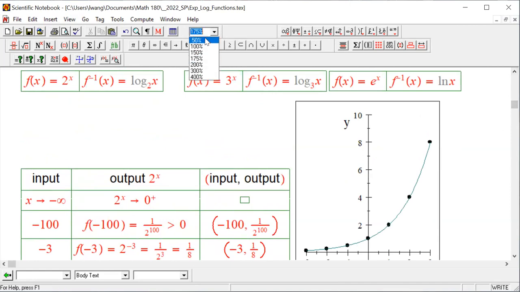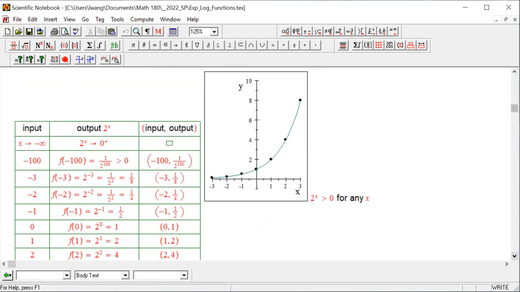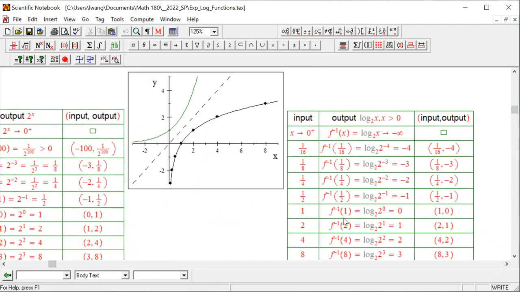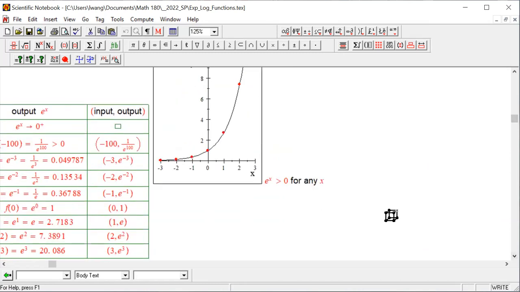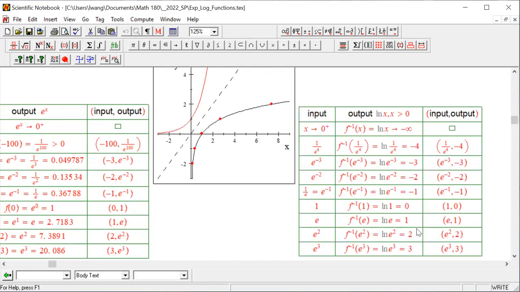I'm going to make it just a little bit smaller. Do we see that log base 2 of 1 equals 0? Yes. And then we also see log base 3 of 1 equals 0. And we also see natural log of 1 equals 0.